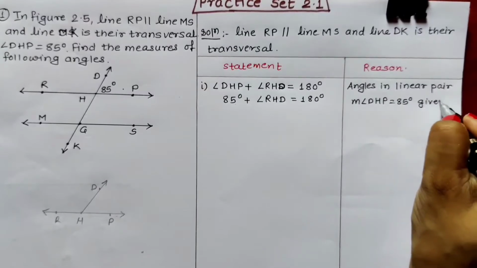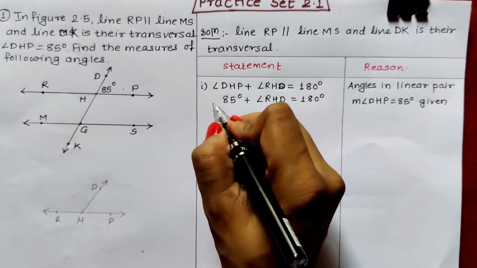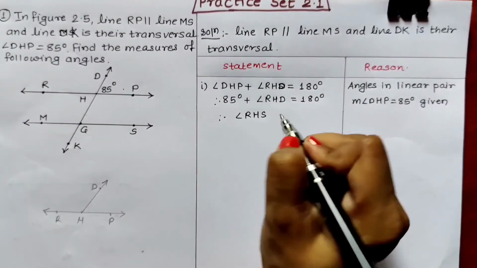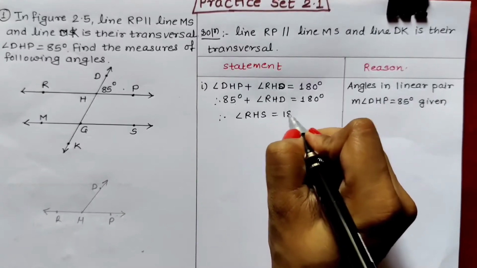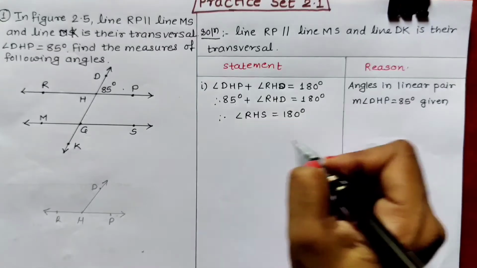Now after this we can solve the sum. Angle RHD as it is on the left hand side, 180 degree as it is on the right hand side. Only this 85 we are going to transfer from left hand side to right hand side.